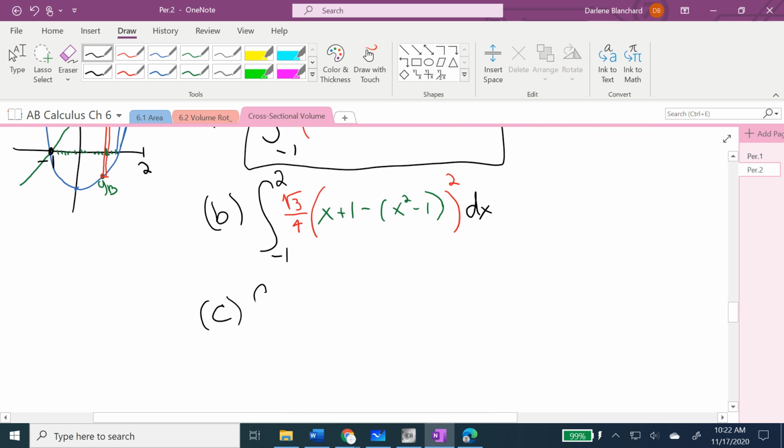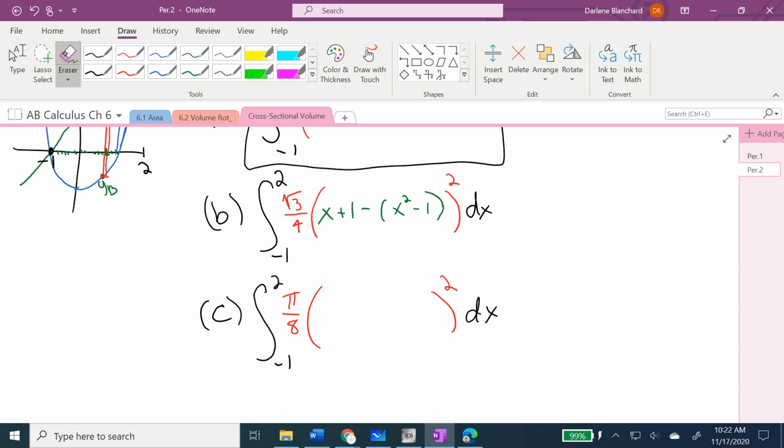Either you use the formula pi over 8 times diameter squared, or you use the formula pi over 2 times radius squared, but the radius is half the diameter.